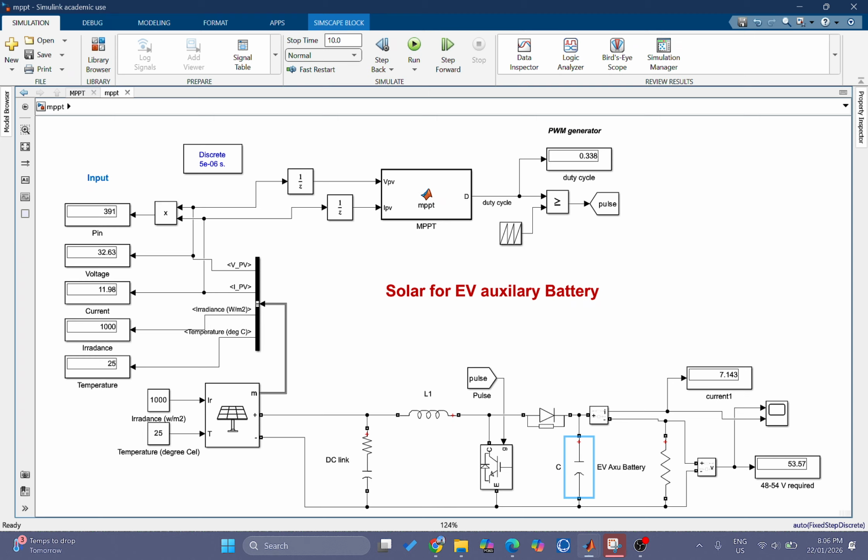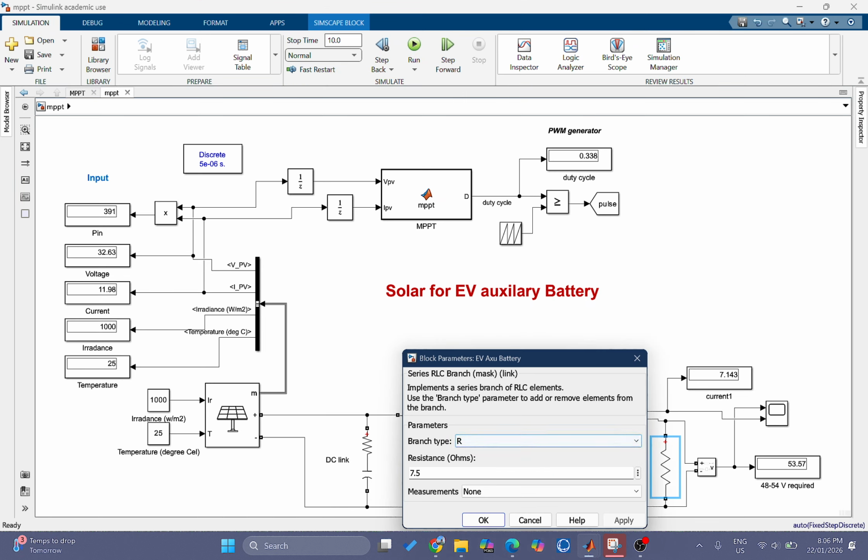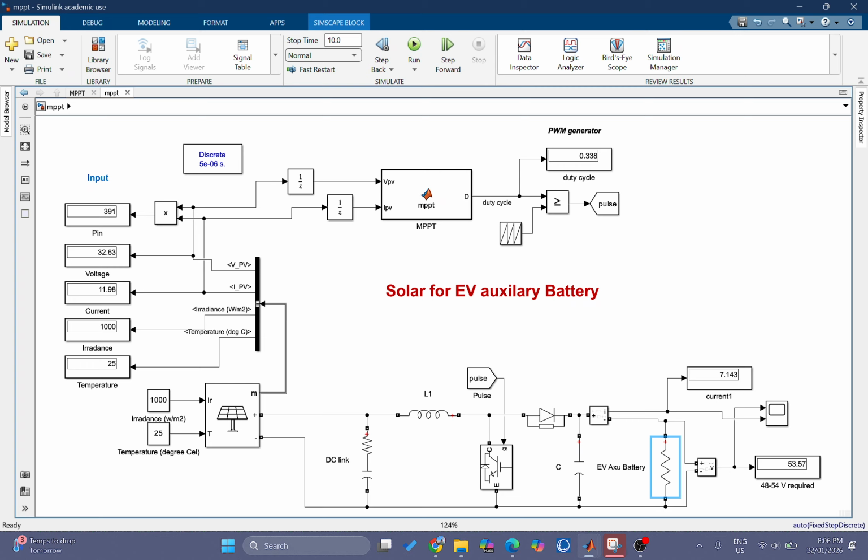From the load and EV relevance, I would say that my load, in case of resistance, comes around 7.5 volt. On the output side, the DC resistive load represents an EV auxiliary system.